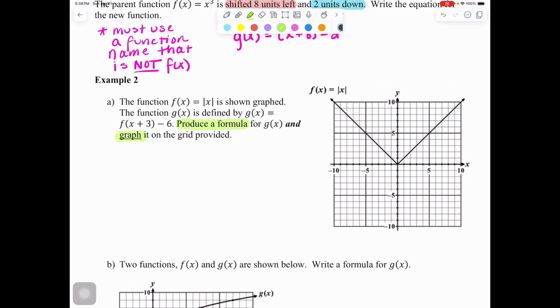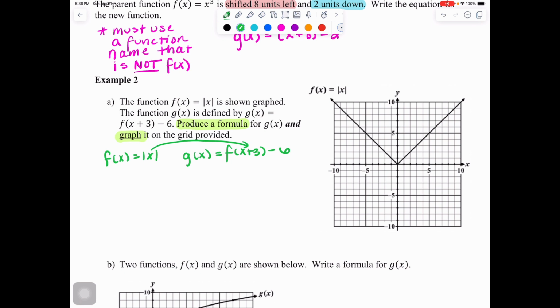So the first thing I want to do is take a look at the formula. My parent function is f of x equals the absolute value of x. They gave me g of x equals f of x plus 3 and then minus 6. But we already know f of x is absolute value of x. So I want to make that connection right here that we have to do some substitution.